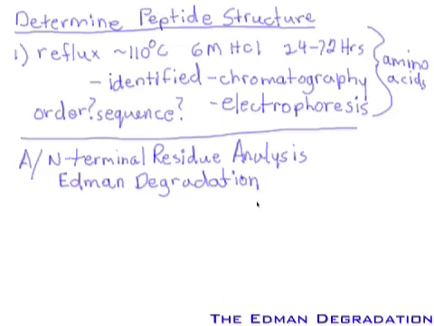Now, the N-terminal residue of the peptide is reacted with phenylisothiocyanate. Let's take a look at that reaction. We have a phenyl with an N double bond C double bond S. I know it's not bent, but we'll draw it that way. And this can react with the N-terminus. Now, the zwitterion can be in equilibrium with the deprotonated form.